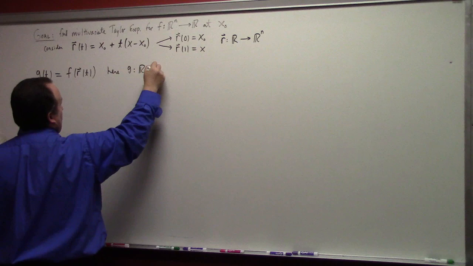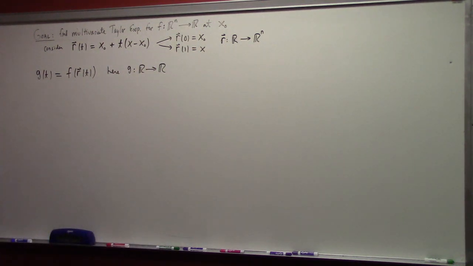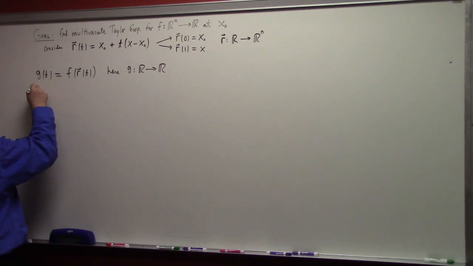So I can apply Taylor's theorem to that, supposing, of course, that g is a smooth function. But I'm assuming f is smooth, okay? So assuming f is smooth, r is linear in t. It's definitely smooth. So I can certainly apply Taylor's theorem to g. And so Taylor's theorem would look like this.